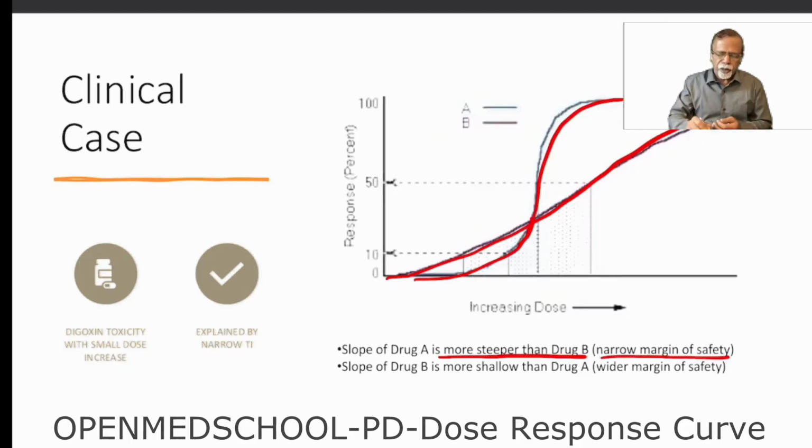Here the drug has a very slow rise and a wider safety margin. So by looking at the sigmoid shaped curve, we can identify the safety margin of the drug. Here you can see this is the ED50 of drug B, and the ED50 for drug A is coming here.